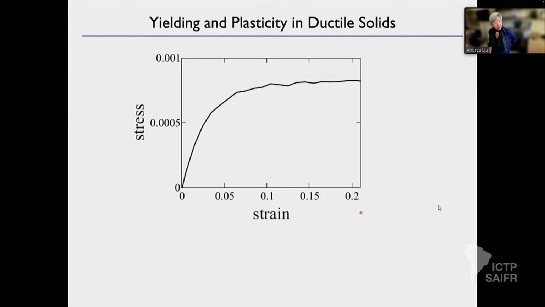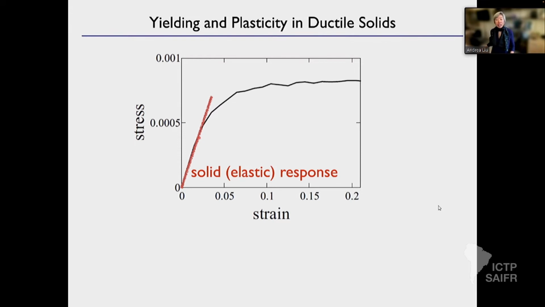So if I think about solids, and I'm going to later draw a distinction between ductile and brittle failure. And so this is what happens in a ductile solid. And I think you've heard about crackling noise and so forth. But the idea is that at very small strains, you get a solid elastic response.